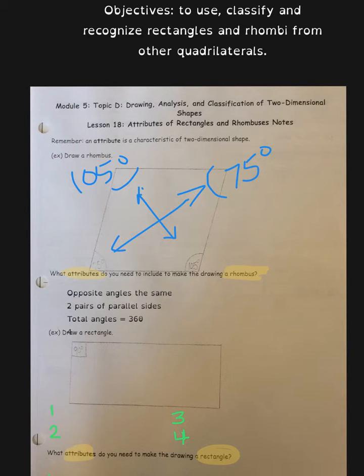All the three already written make it a parallelogram, but then the fourth makes it a rhombus because all four sides are equal length.